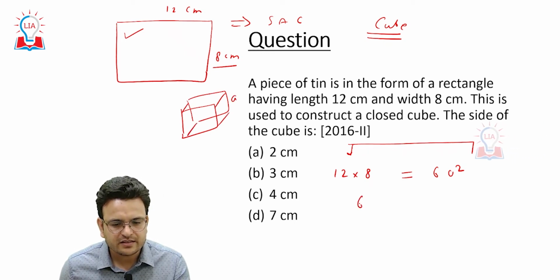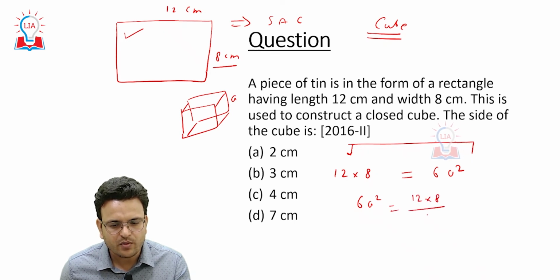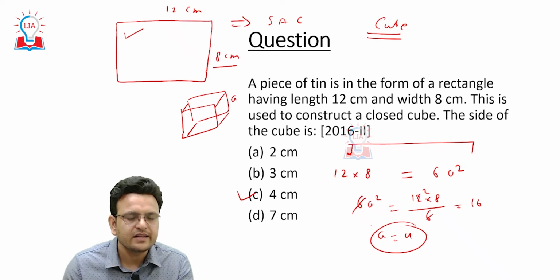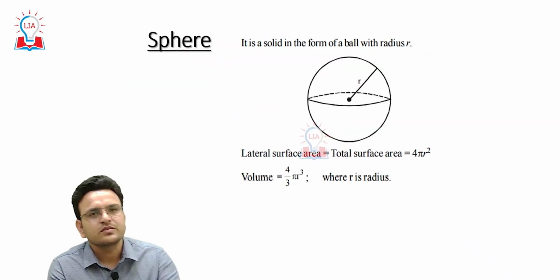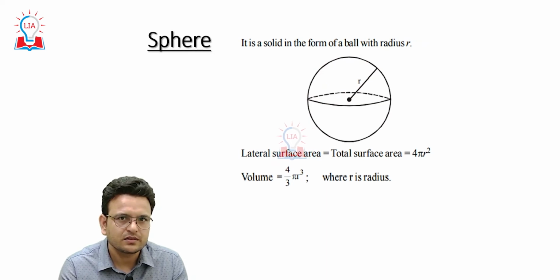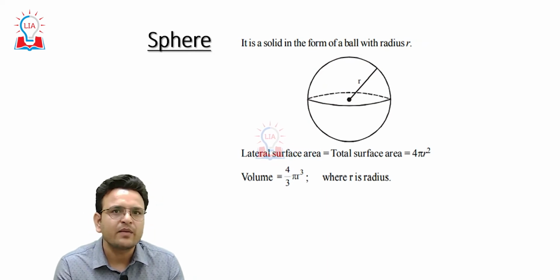So here 6a square equals 12 into 8, so a square equals 12 into 8 upon 6, it becomes 16, a equals 4. So hope you are able to understand this particular question. Now come to one more three-dimensional body. We have the sphere.